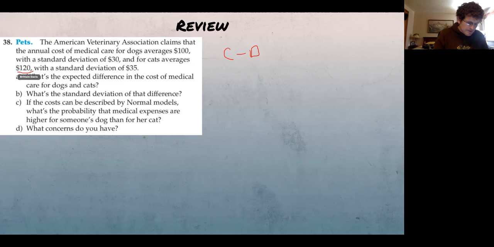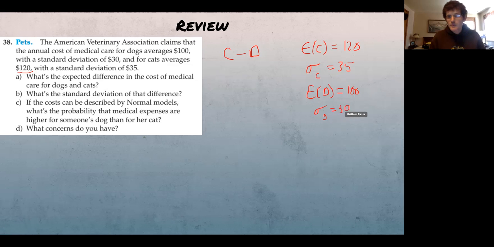So C minus D: the expected value of C is 120 with a standard deviation of 35. The expected value for dogs is 100 with a standard deviation of 30. Luckily we learned yesterday how we can combine this. I'm just going to run through it pretty quickly. The expected value of C minus D is just going to be 120 minus 100.